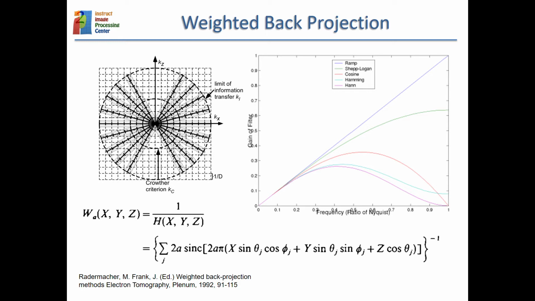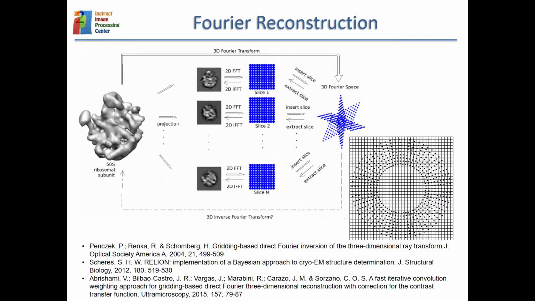During the reconstruction, you have to apply different gains or different windows, and here you have the shape for different windows. The one that is this straight line is the ideal situation in which you have perfectly uniformly distributed projections.